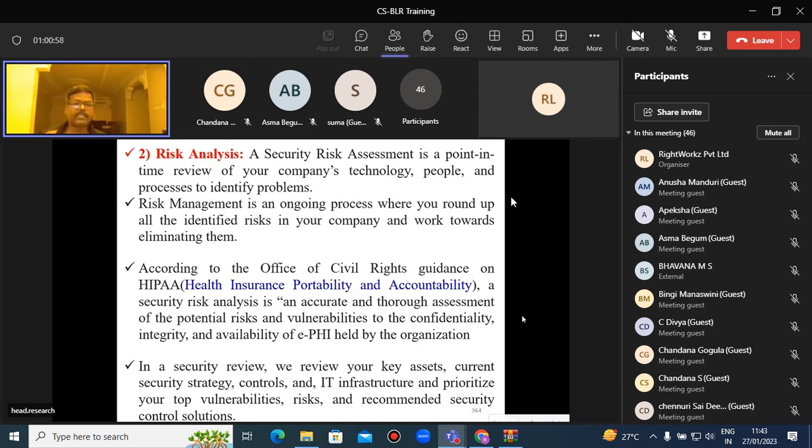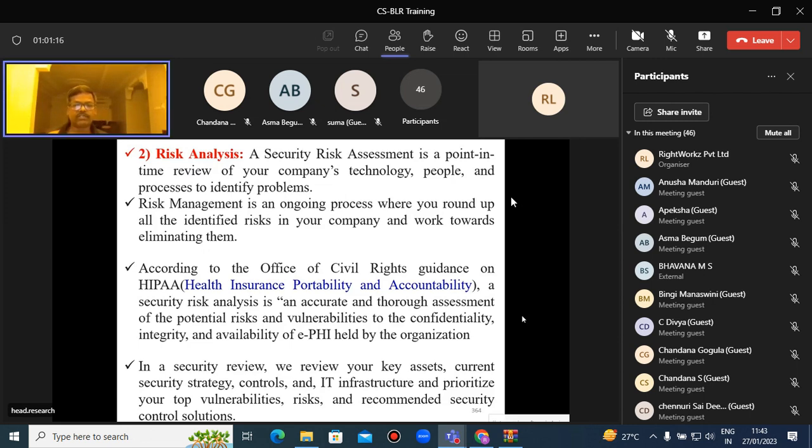Risk management is an ongoing process where you round up all the risks in your company and work towards eliminating them. That is called risk management.